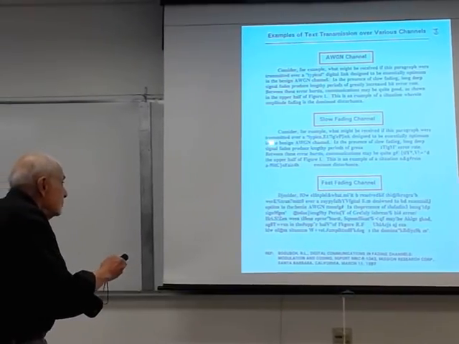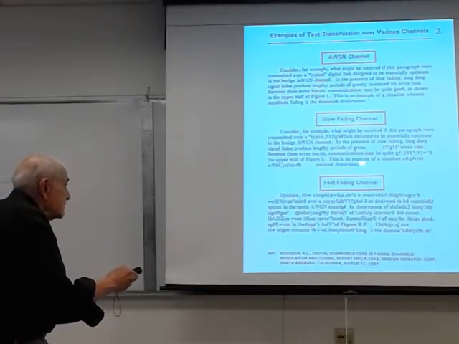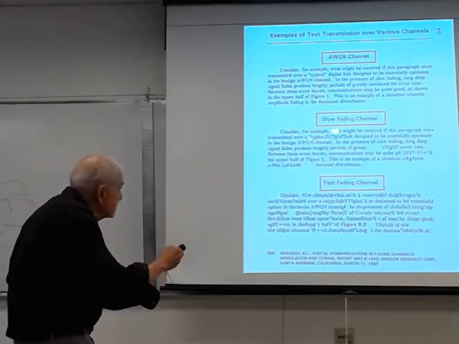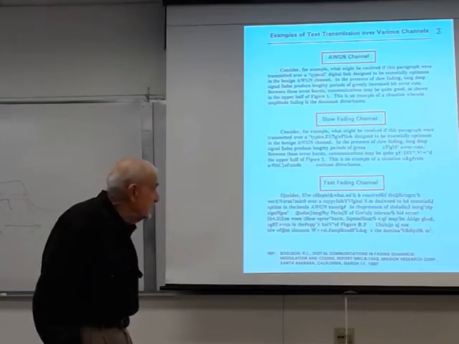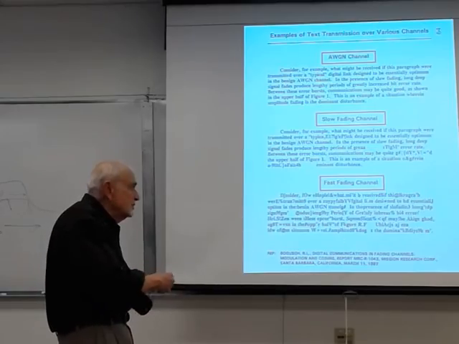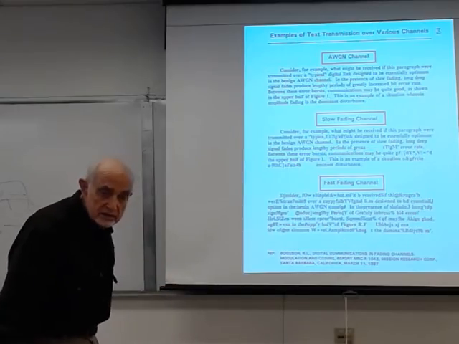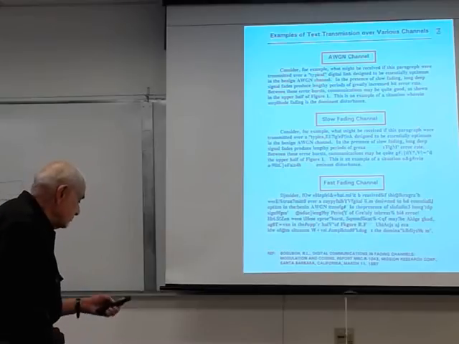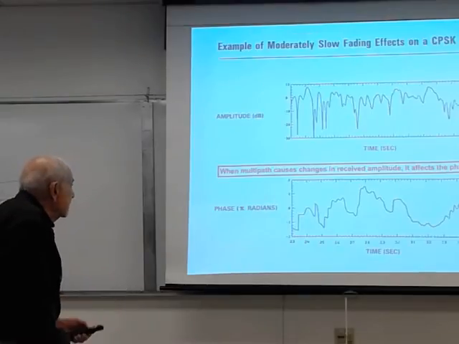And here, what you see is a slow fading example where there are outages for a while, and yet you can make some sense of what the text is saying. But when you have a fast fading channel, notice you lose it completely. You can't make any sense of it because it's sort of all gone.